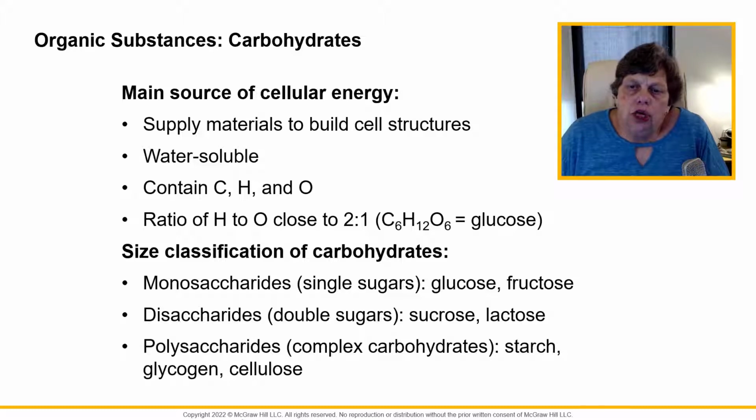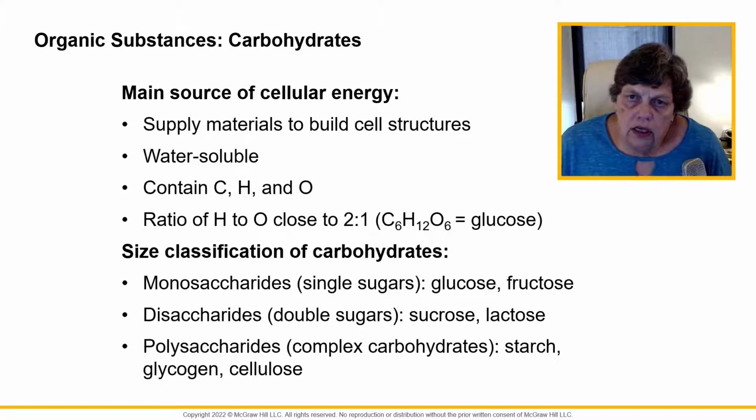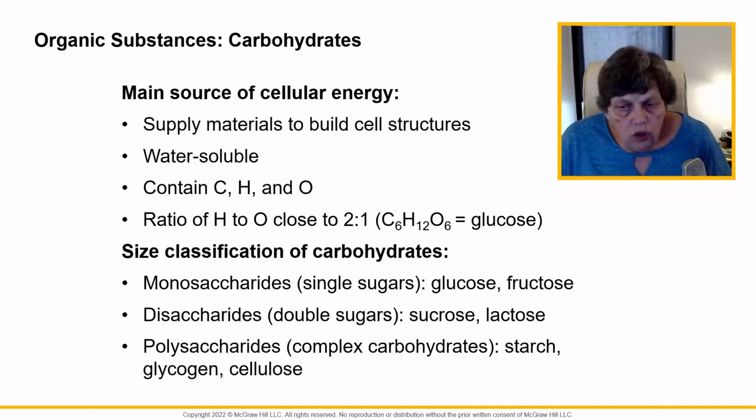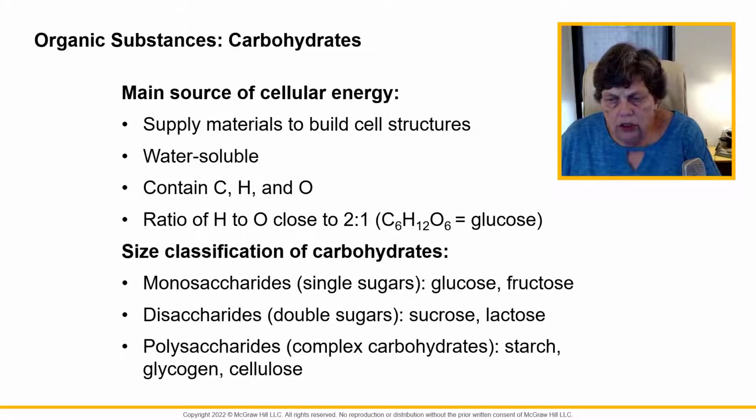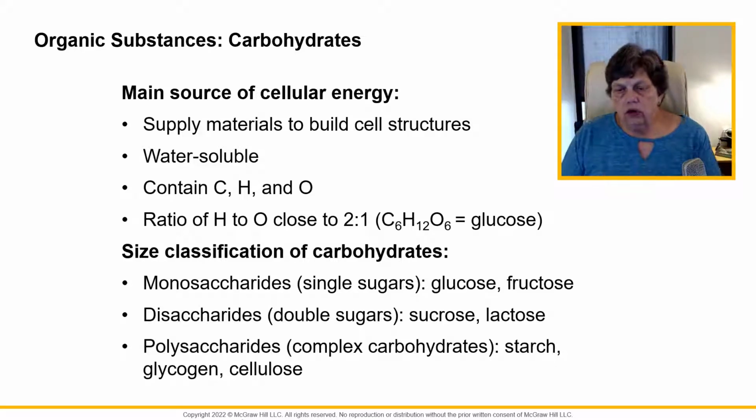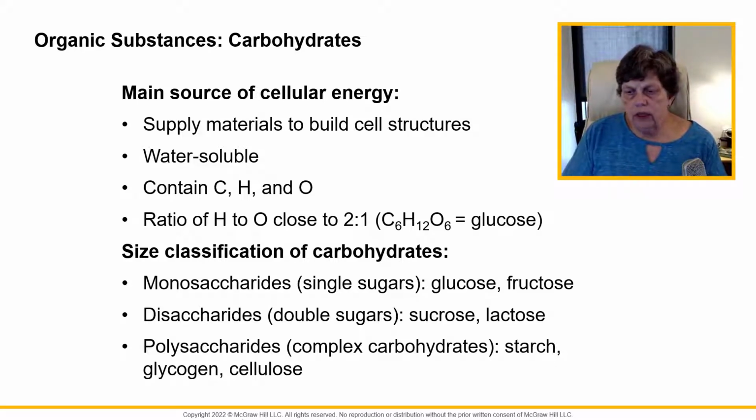Okay? So the formula for carbohydrates is a 2-to-1 ratio. The carbon and oxygen should be the same, and the carbon and the oxygen are half of the hydrogen. So when you're looking at a formula, the carbon and oxygen will be the same number.